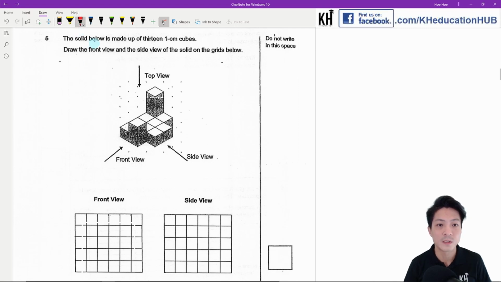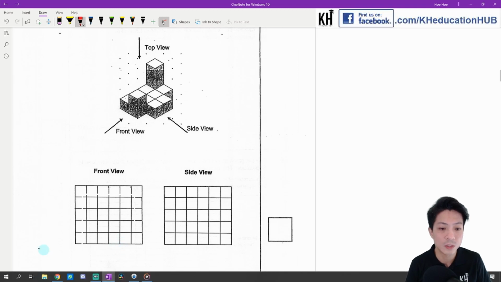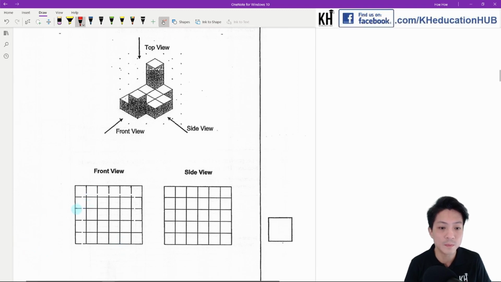Question 5. The solid below is made up of 13 1 cm cubes. Draw the front view and the side view of the solid on the grids below. Okay, so the front view, let me draw the side first. The height is gonna be 3.